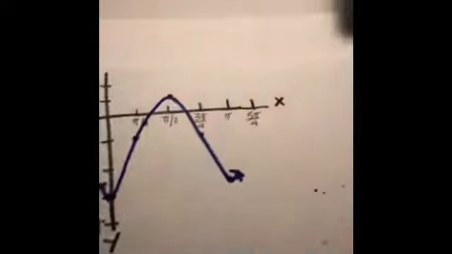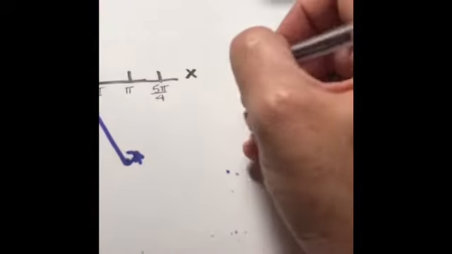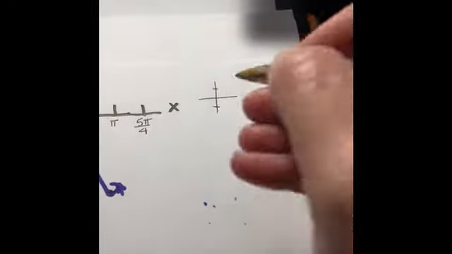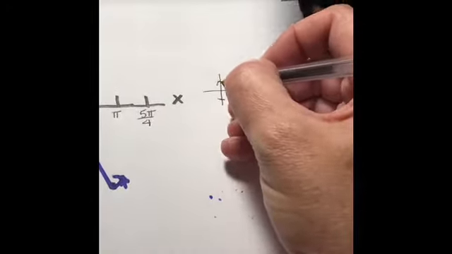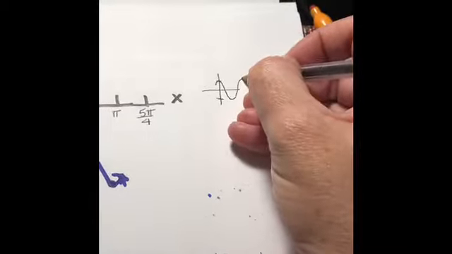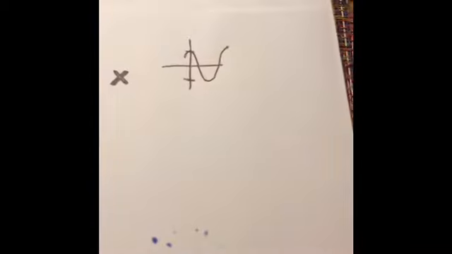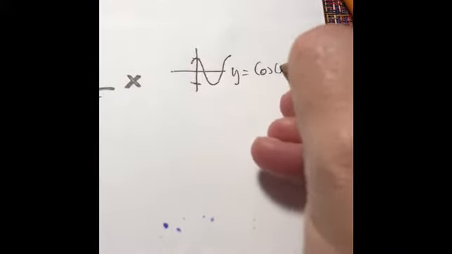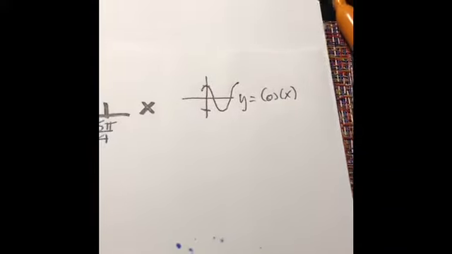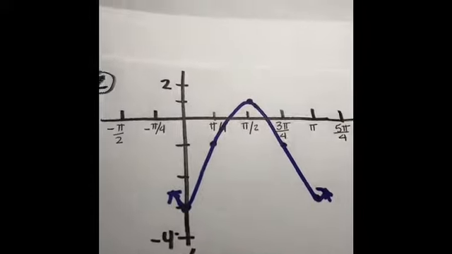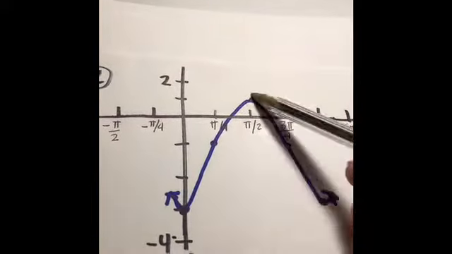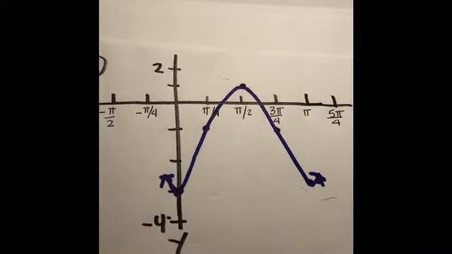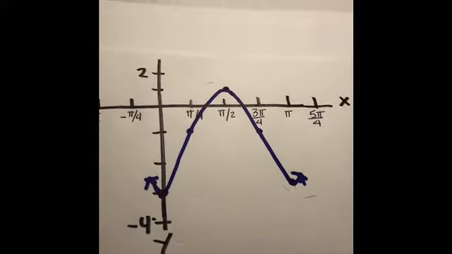Remember that the basic shape of a cosine function is going to be like this. Okay, it's an N or a U shape. This would be y is equal to cosine of x. But in the given example, the graph is the other way around, so it means that this graph has a reflection over the average y value or over the x-axis.